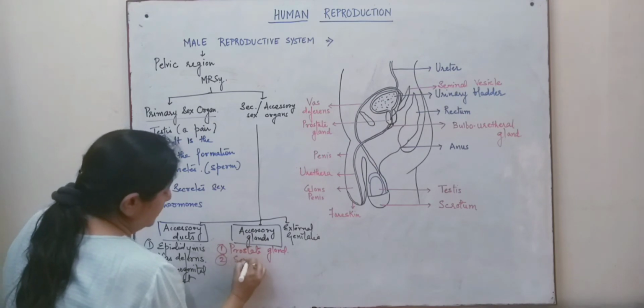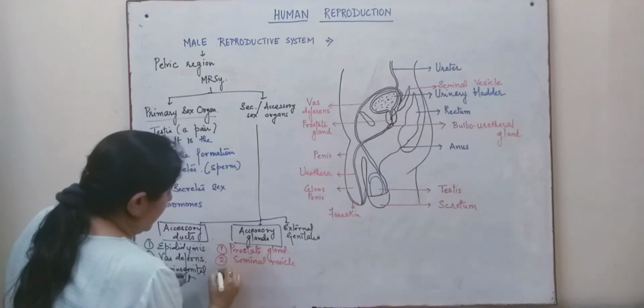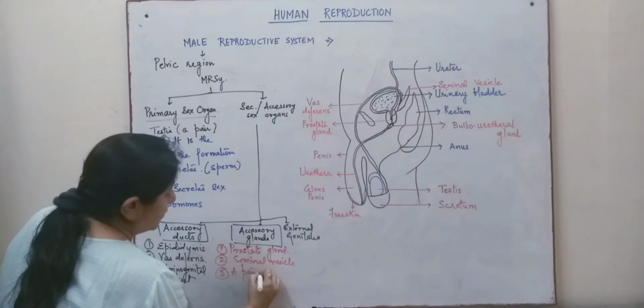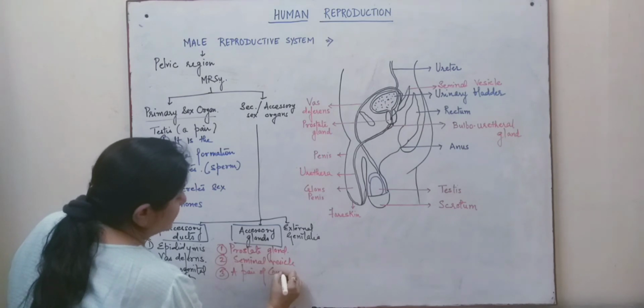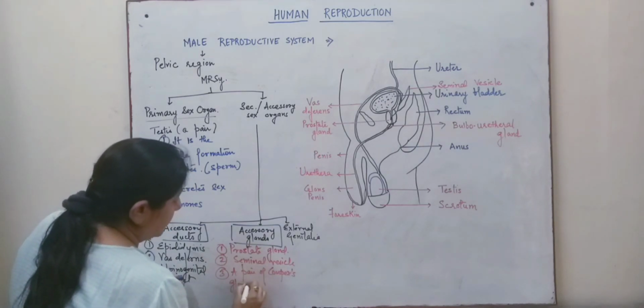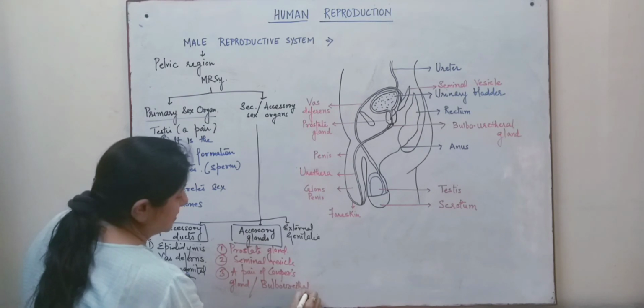Seminal vesicle, and third is a pair of Cowper's glands, or we also call it the bulbourethral gland.